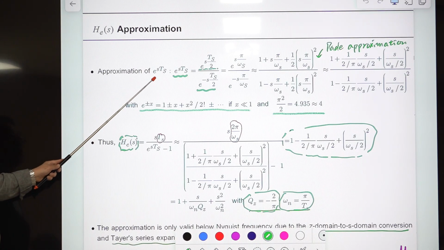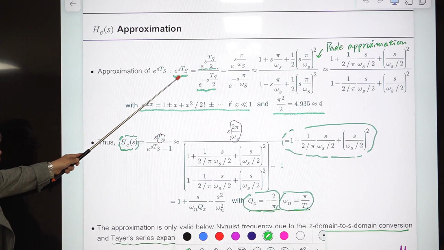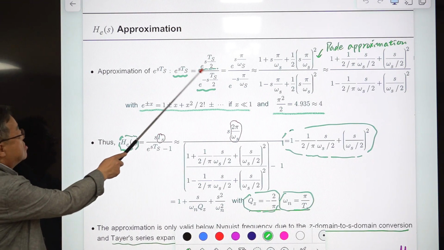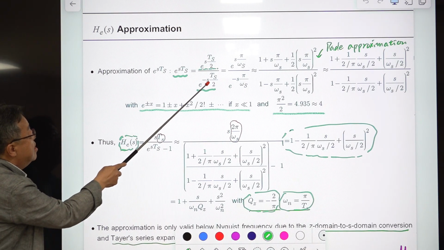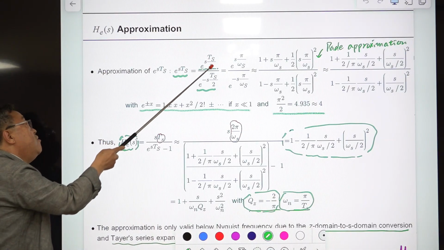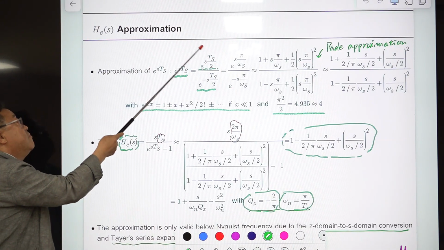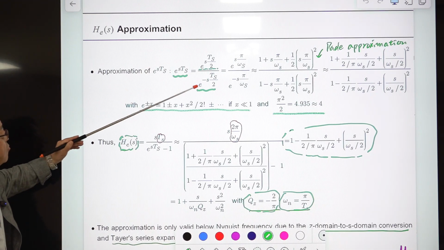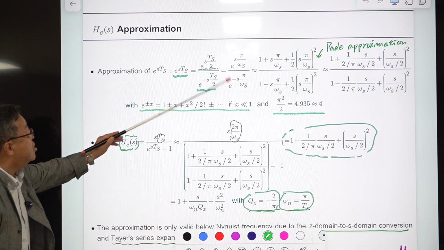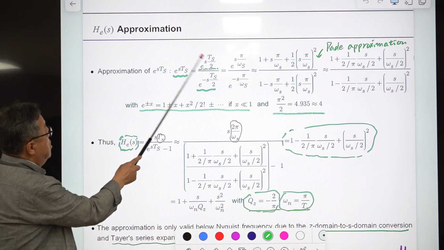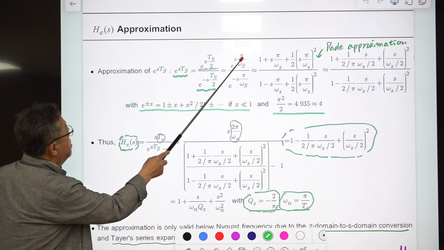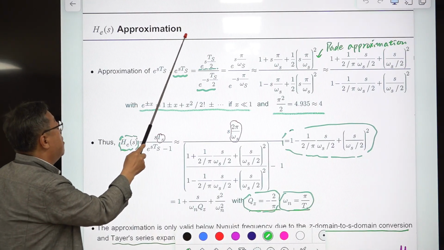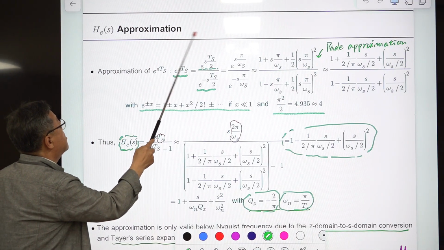E to the S T_s is this one, and you divide it by 2. So this is the plus, and this is the minus. It goes upstairs. Then it becomes this. You split it into two. One is positive. One is negative. Then you have this. There is a relationship between 2 pi, omega_s, and T_s. 2 omega_s T_s is 2 pi.